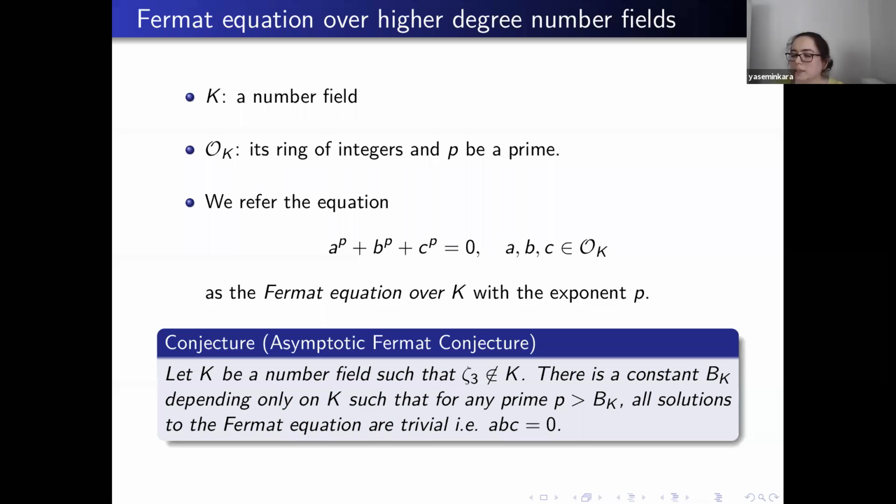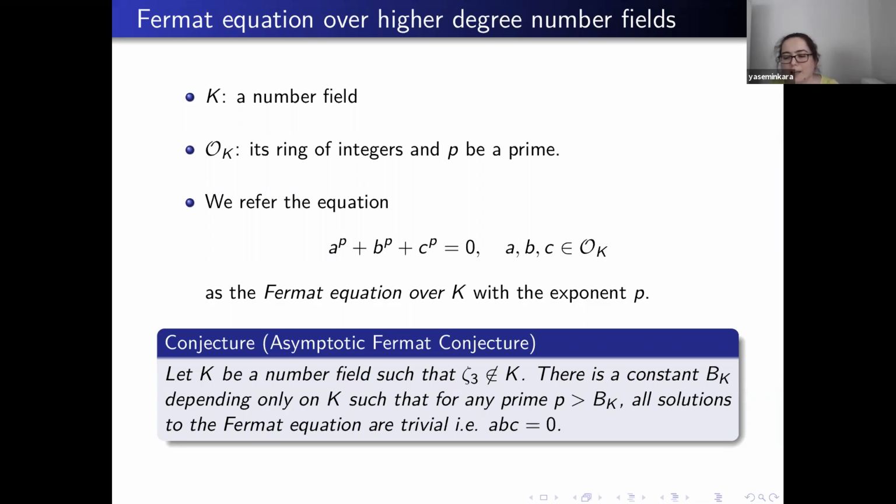And it says that if you take a number field K such that the third root of unity is not a member of K, then there is a constant which depends on K, such that for any prime bigger than this constant, all solutions are trivial. Okay, now you can ask two questions. Why do we require that the third root of unity is not in K?